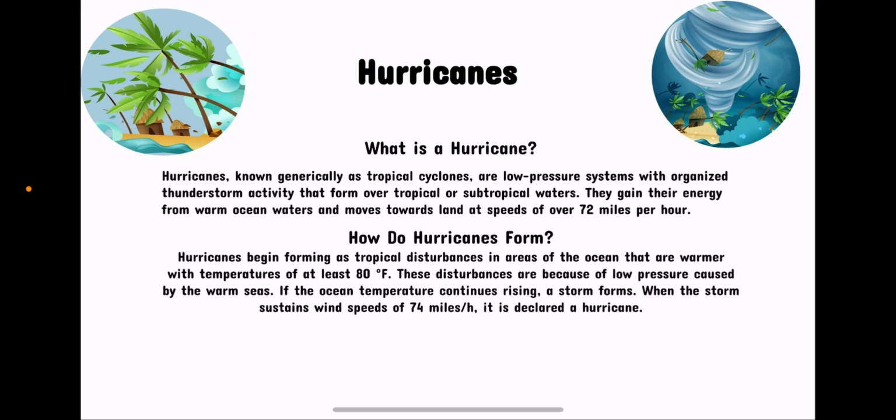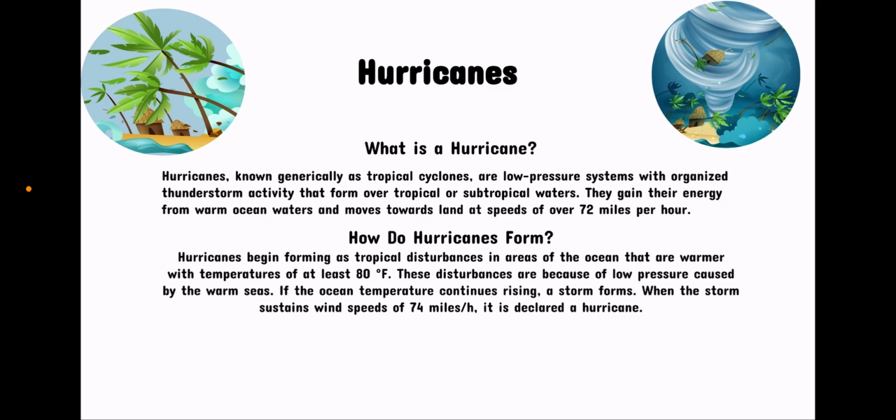Then we move into hurricanes. Hurricanes are generally known as tropical cyclones and develop over subtropical waters. They gain their energy from warm ocean waters and can move towards land at speeds of up to 72 miles an hour.